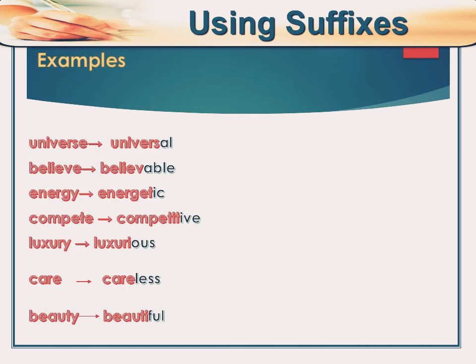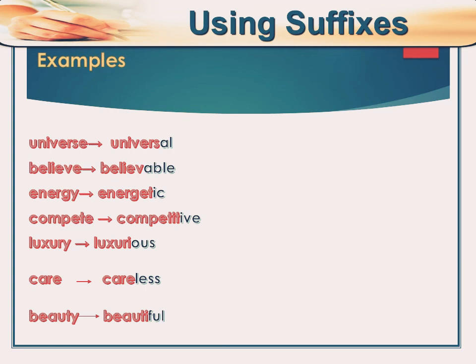You are going to see the combination of the verbs and nouns with the suffix to obtain the appropriate adjectives. To the noun universe, we can add the suffix al and we obtain the adjective universal. To the verb believe, we attach the suffix able and we obtain believable.